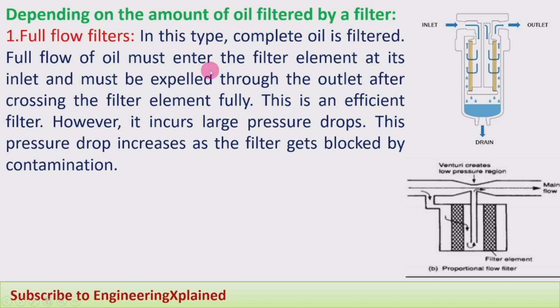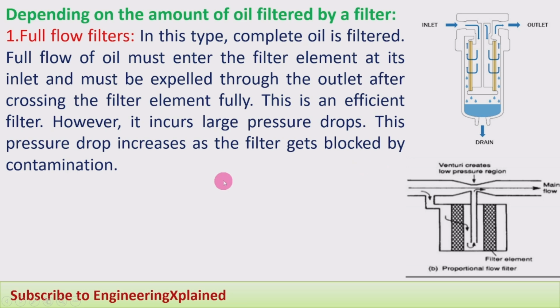The full flow of oil must enter the filter element at its inlet and must be expelled through the outlet after crossing the filter element fully. This is an efficient filter. However, it incurs large pressure drops, and this pressure drop increases as the filter gets blocked by contamination.